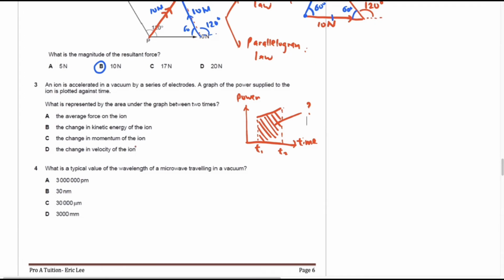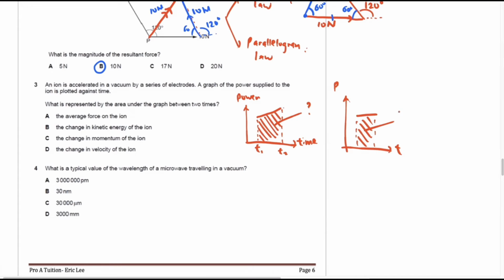If I make it easier, just a rectangle. Power against time. To find out the area, basically you just use base times height.